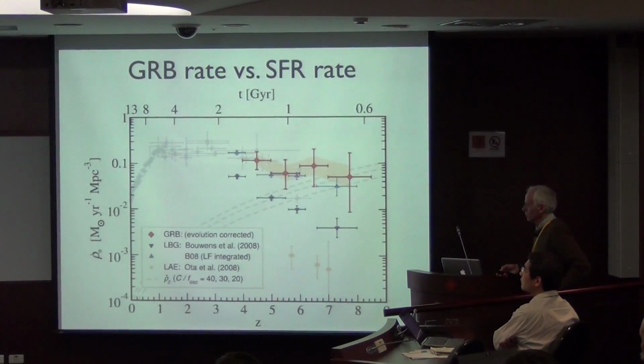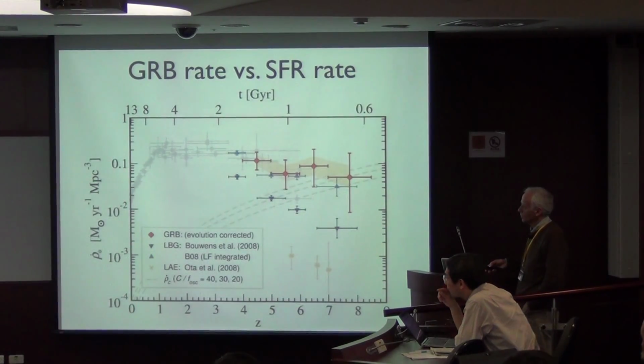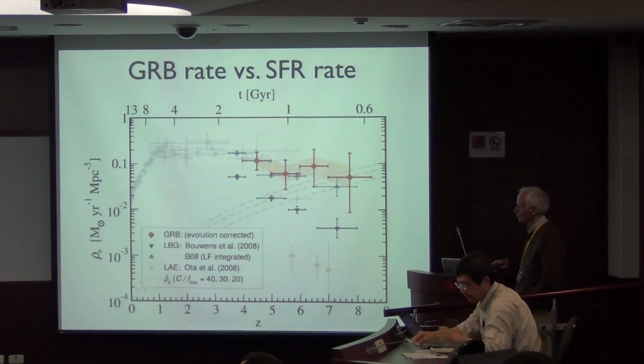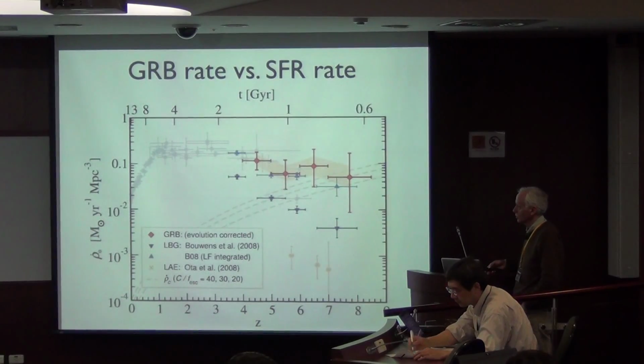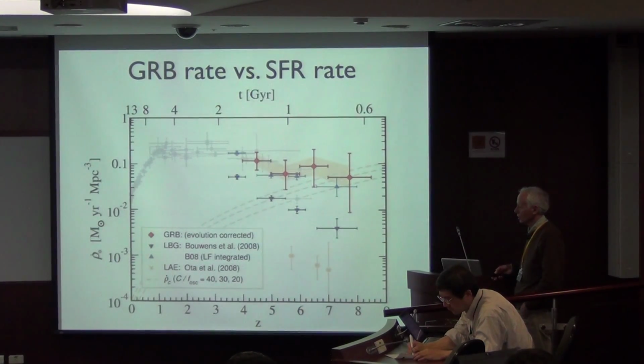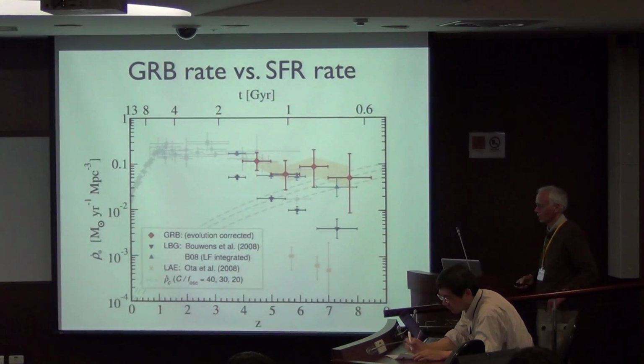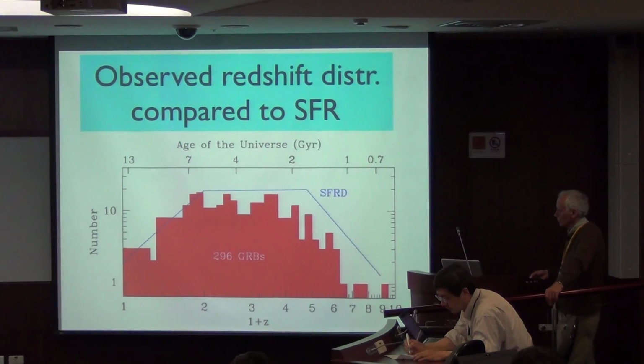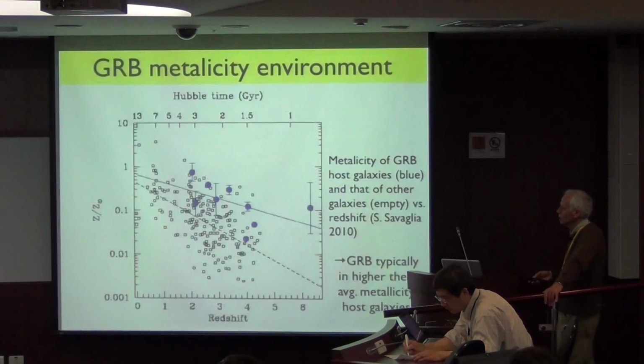Compared to the star formation rate, which is this gray curve, these are the data here. So there is some correlation between the star formation rate and the GRB density at high redshifts. It's not perfect, so there could be a bias factor. They fit better here than they fit here.